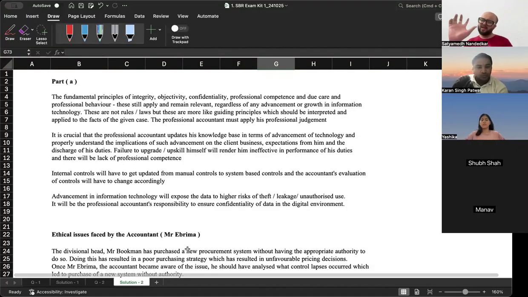Part A is a very generic answer. It's not based on any accounting standard. It's not based on any ethical implications.